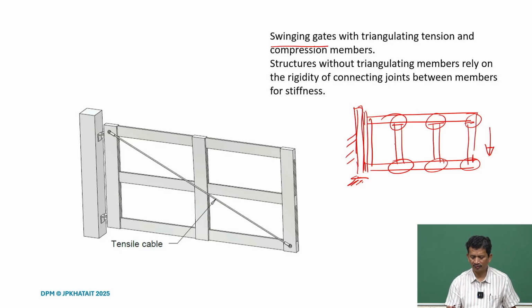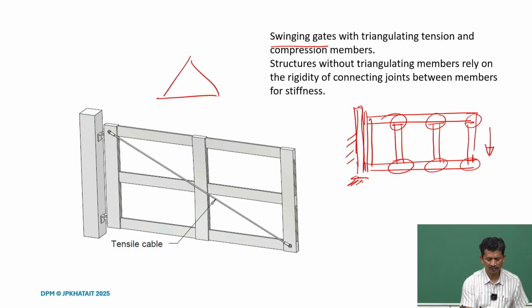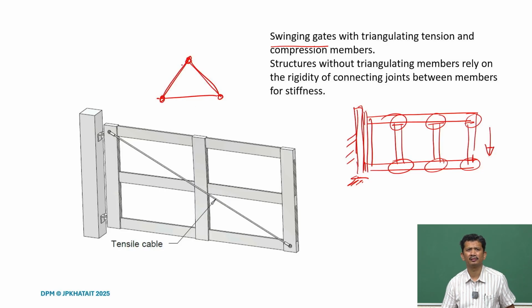And what you see here is a parallel structure. We know that if we triangulate, if we take three members and simply connect them through some kind of pins, we do not have to weld it, we do not have to make them rigid. The joints do not take any load here.